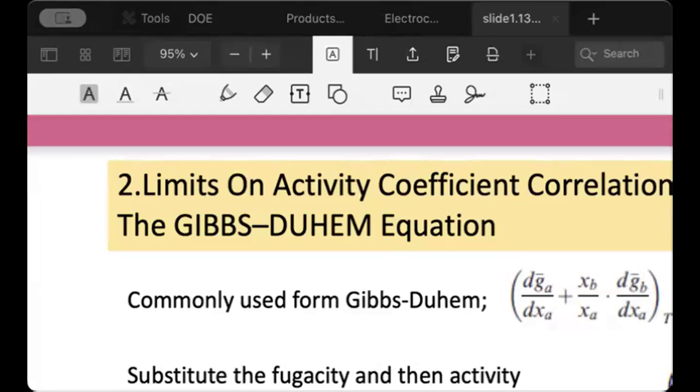So now we move to chapter 9. Slide, we still use the same slide. One more slide, and this one should be PDF, right?